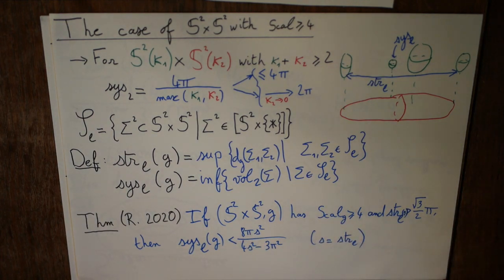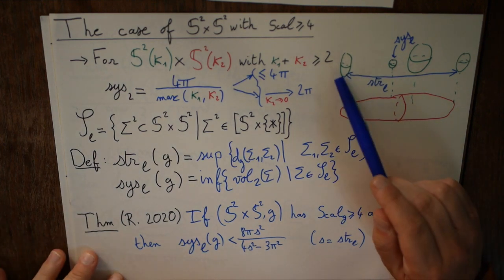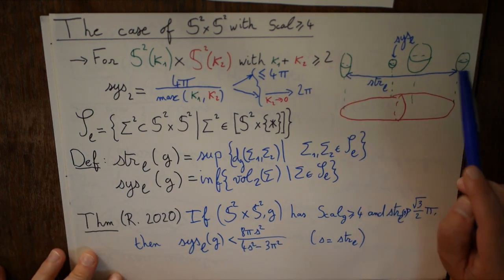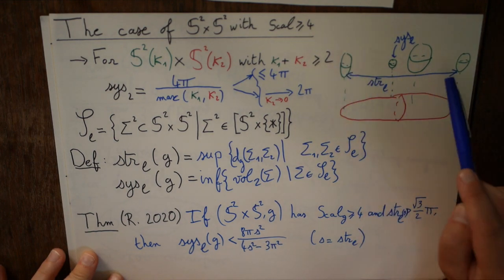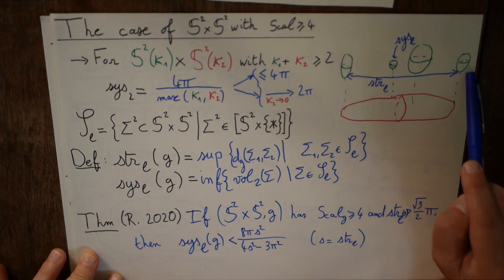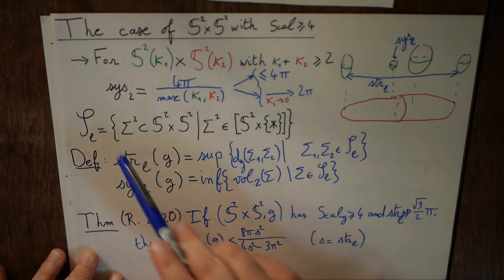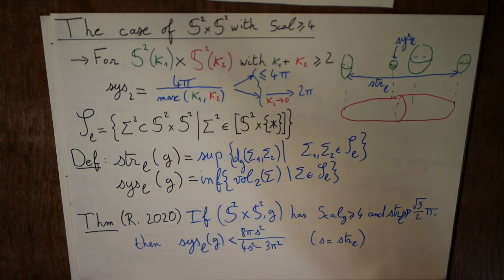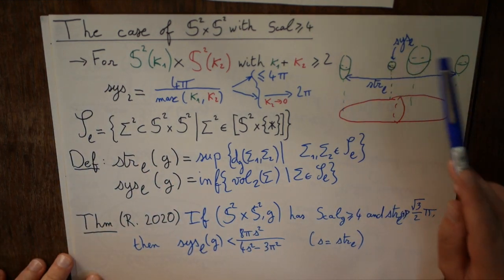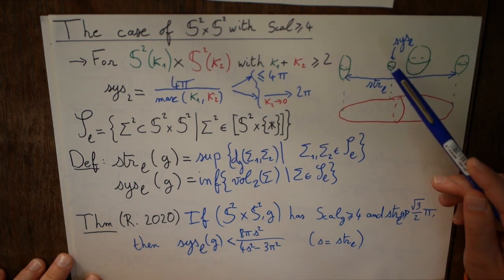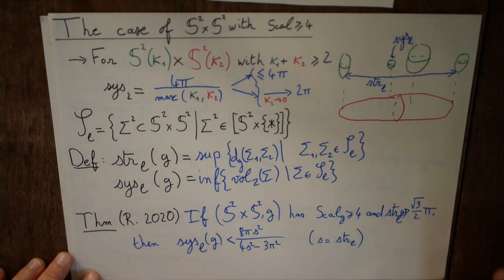This is not the precise asymptotics that we would expect, but nonetheless, it's not too bad when the stretch is very big. And what does that say? Well, that says that if we have two spheres which are very far away from each other inside this left homology class, then we can find a small sphere, or a sphere of controlled size here.